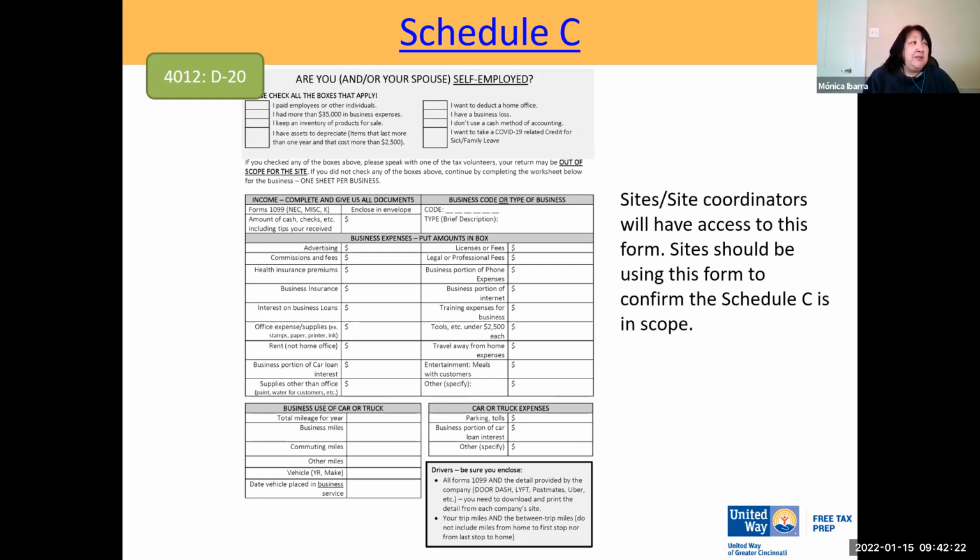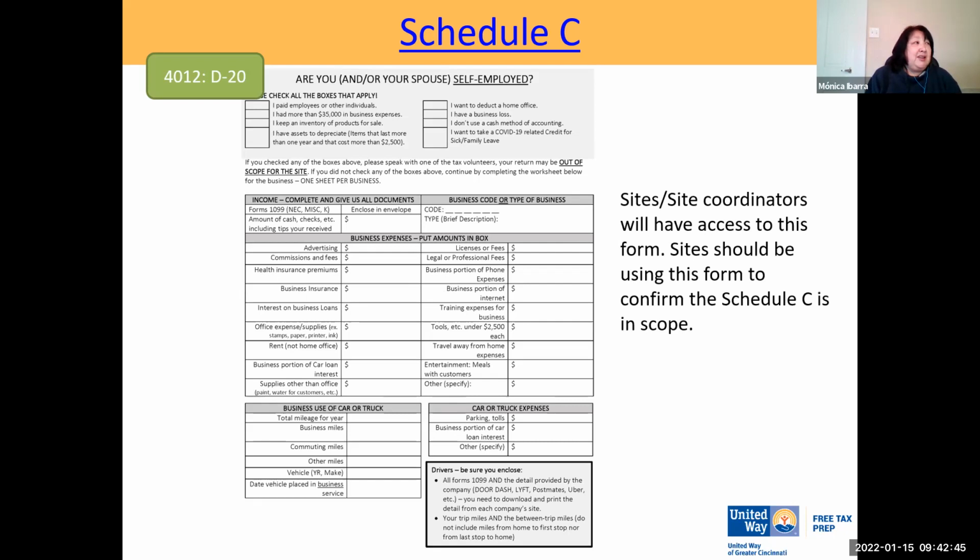An inventory of products for sale. So if your Avon lady comes and wants you to do her taxes, or somebody selling Tupperware or candles or whatever it is, that is out of scope because that requires an inventory. So we don't do that. They have assets to depreciate.